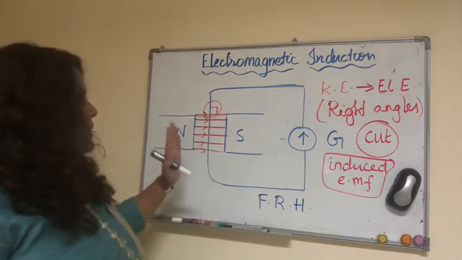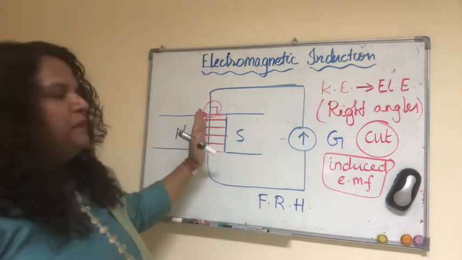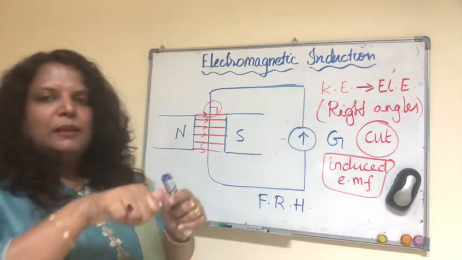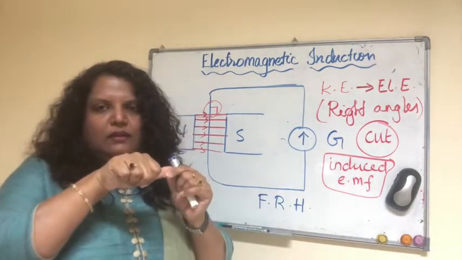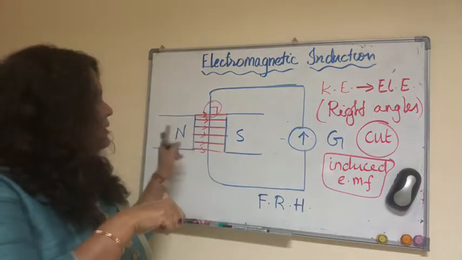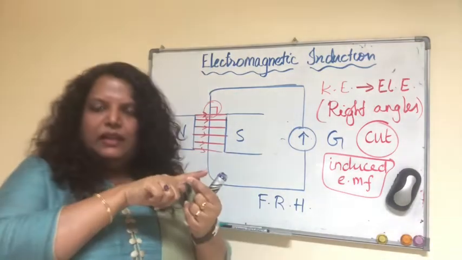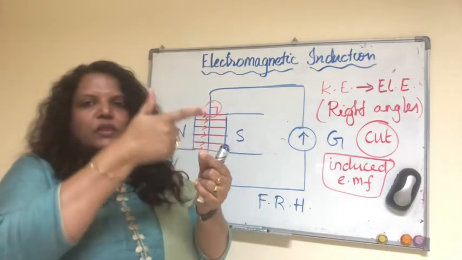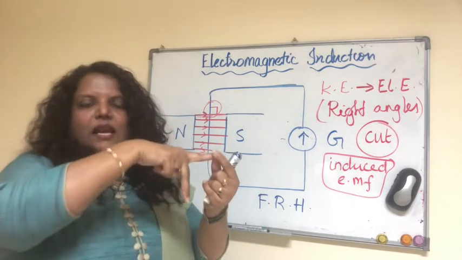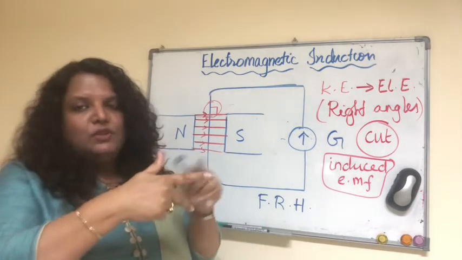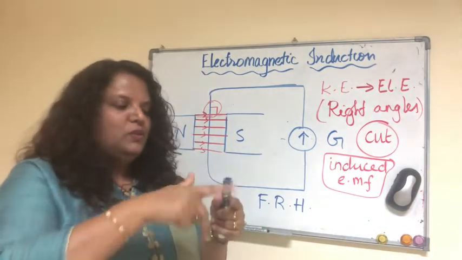Now here, imagine I'm moving it into the board. The thumb indicates the movement of the wire, and these red arrows indicate the field. These 2 are kept at right angles, and open the third finger. I've explained how to use it correctly in the previous video, please watch that.